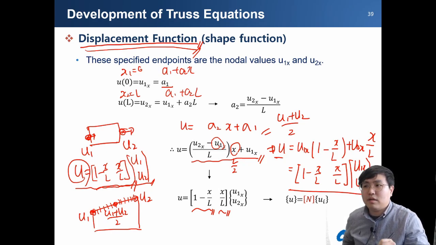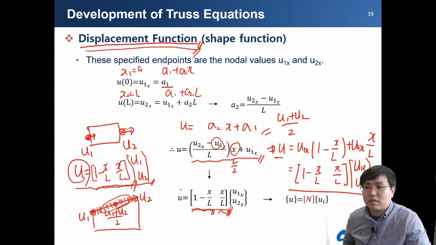This is an assumption of our FEM simulation. You can also define a more complex displacement function to explain the displacement values inside the truss element. However, this simple displacement function is the easiest way to explain the displacement values inside the truss element.